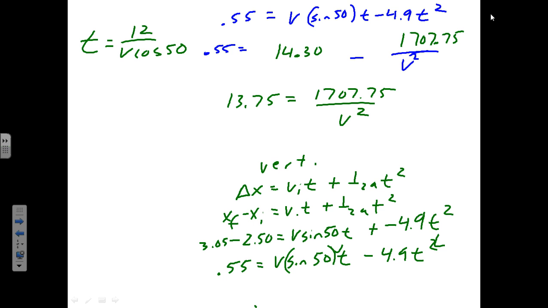I need to multiply both sides by v squared to get that off the bottom of my fraction. And then finally, I need to divide by 13.75. So 1707.75 divided by 13.75. Cancel that out over here.